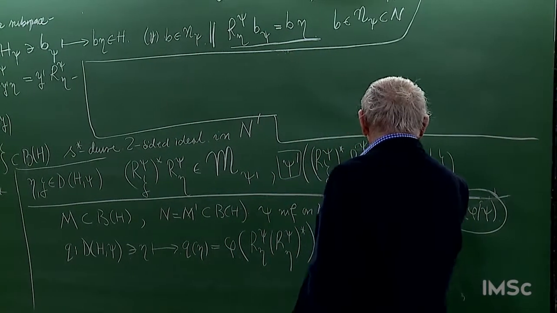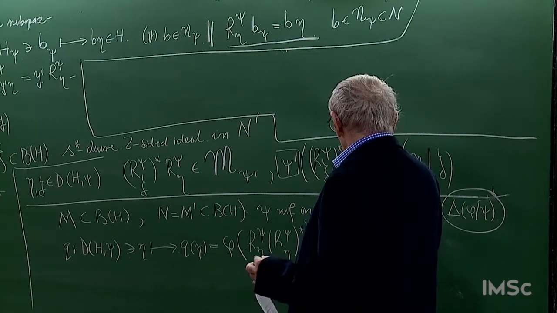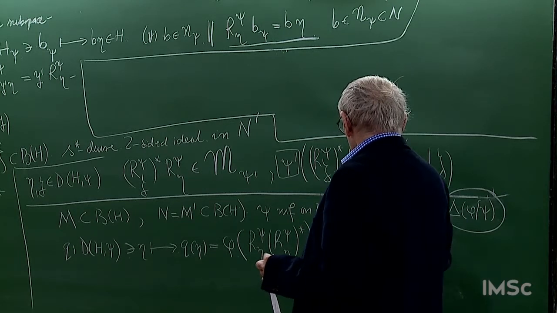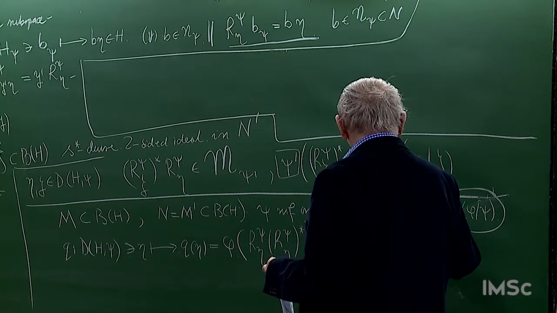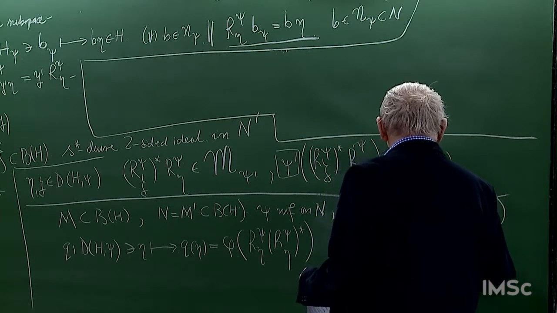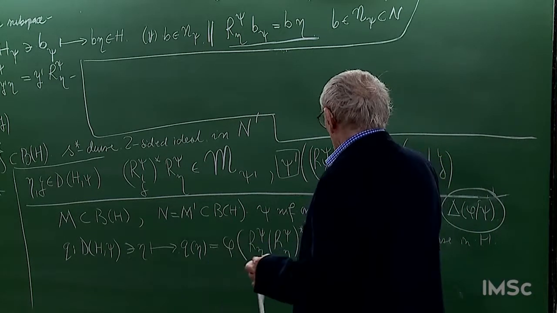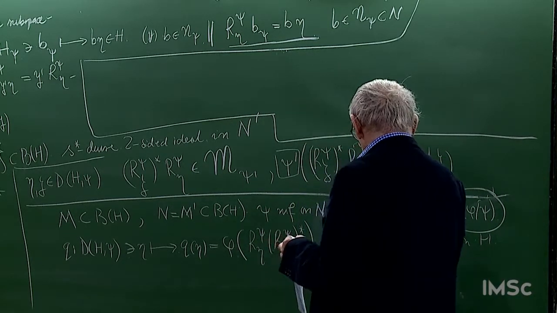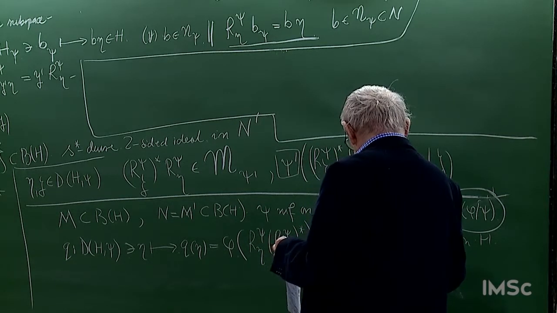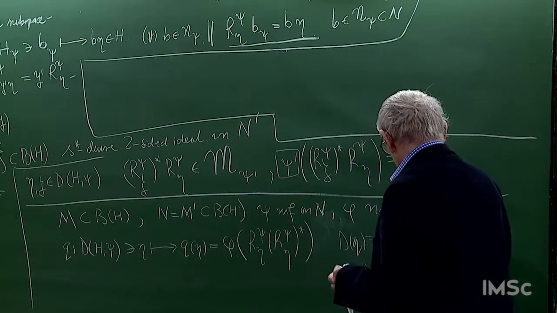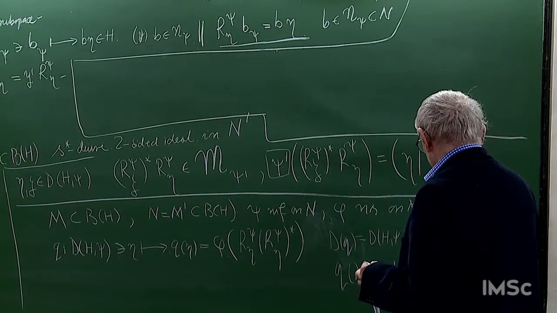And what you see in this, you see that the domain of Q, which is D(H, psi), is dense in H. It's absolutely immediate to check that Q of lambda eta is equal to the square of the absolute value of lambda times Q of eta.